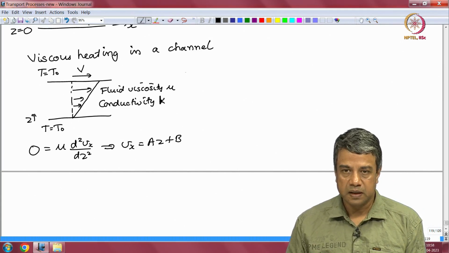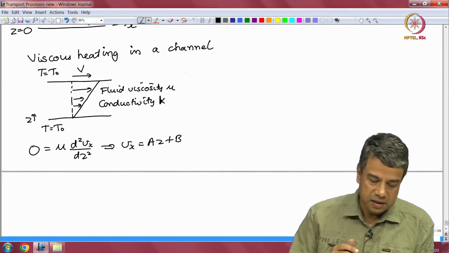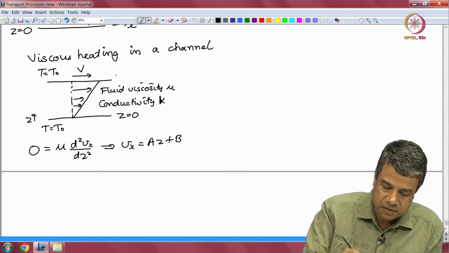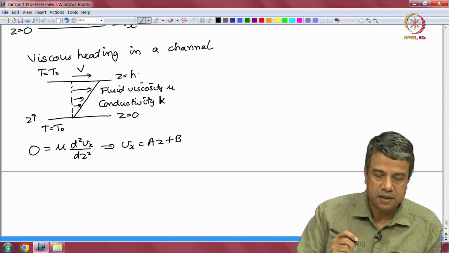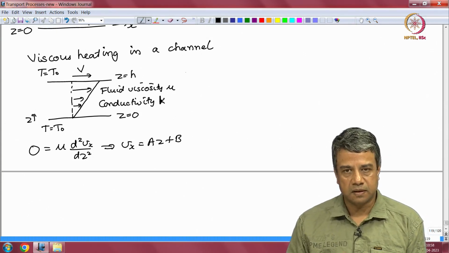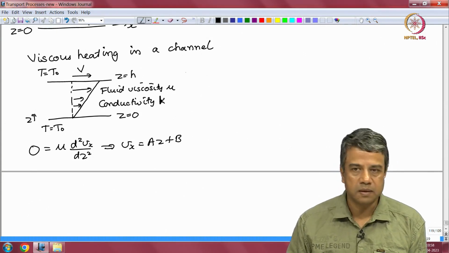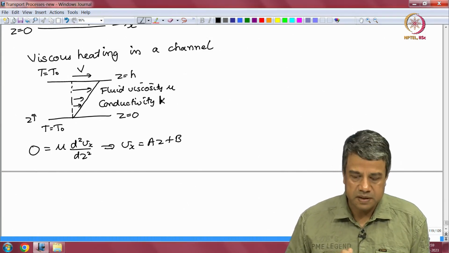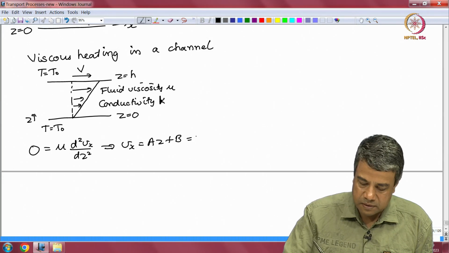And you can get A and B from the boundary conditions: at z equal to 0, the velocity is equal to 0, and at z equal to h, the velocity is equal to V. The top plate is moving at velocity V, the bottom plate is moving at 0 velocity. So, you just apply that, and you will get V x equal to V z by h.